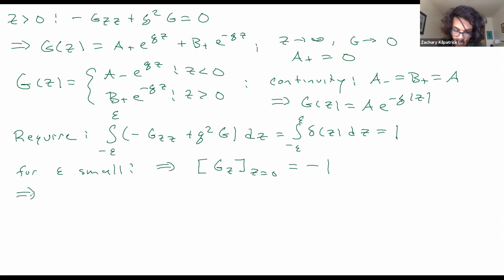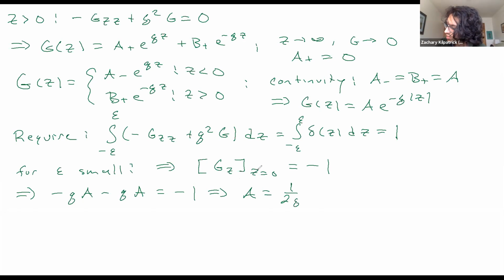That implies that minus qa minus qa is equal to -1. This implies that a is equal to 1 over 2q.